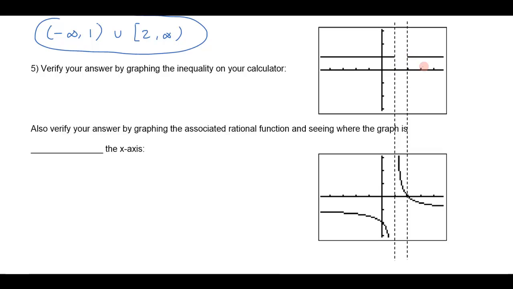Then over here it's true, y equals 1, where again it's less than 0. All right? So in terms of this graph right here, I would want to find where this graph is below or on the x-axis, right? Below is less than 0, and on the x-axis is where it equals 0.